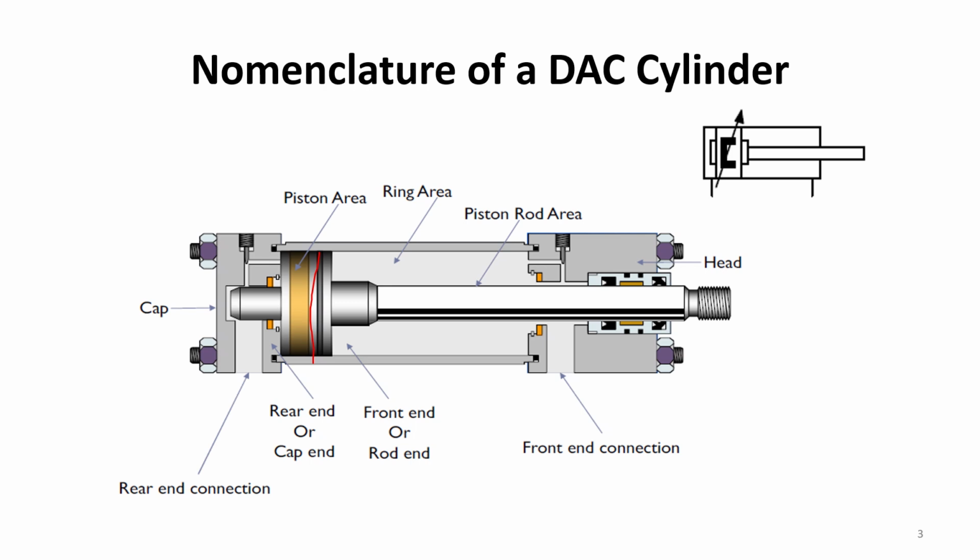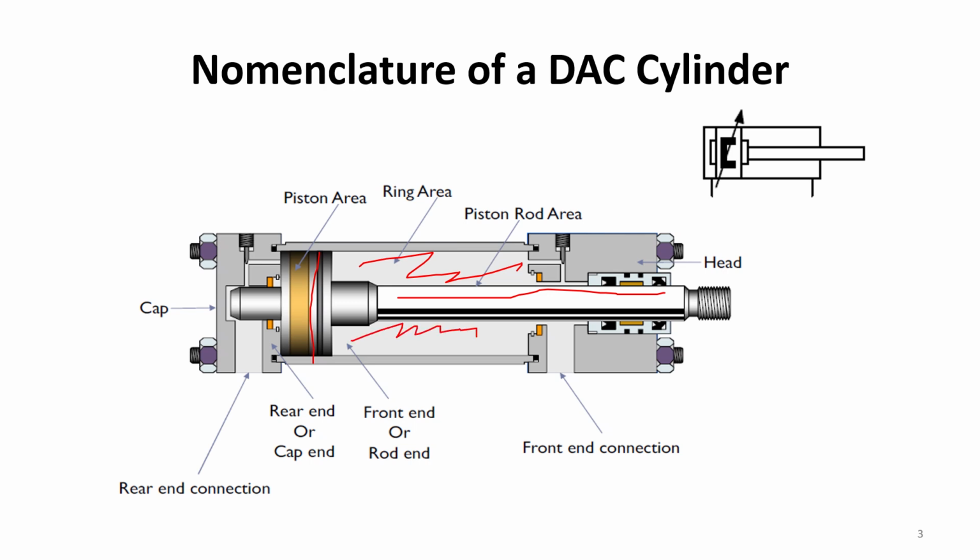On one end of the piston, a rod will be attached, which is called the piston rod, and it is this piston rod's movement that will create an actuation in the physical world when the cylinder is actuating. The area occupied by this piston rod is called the piston rod area. The difference in the area between the piston and the piston rod area is called the ring area of the cylinder.